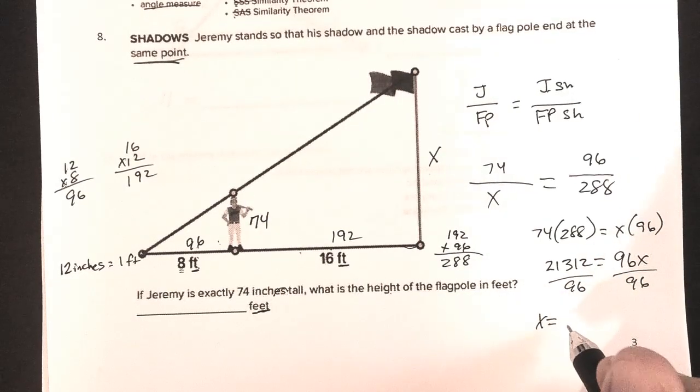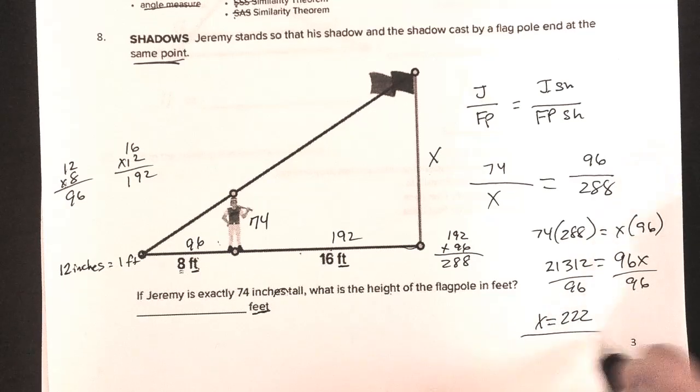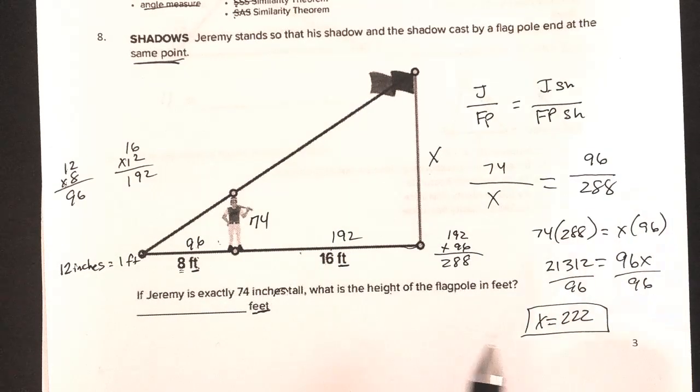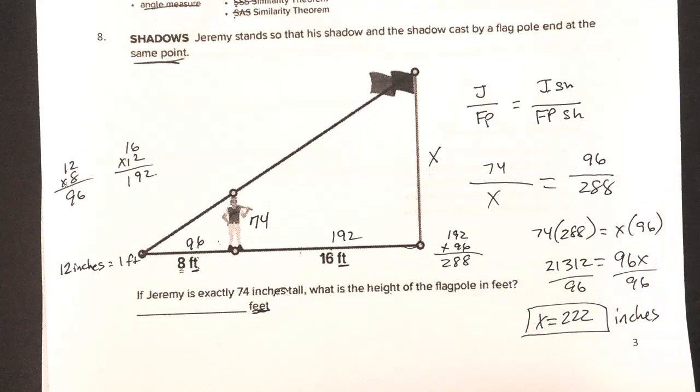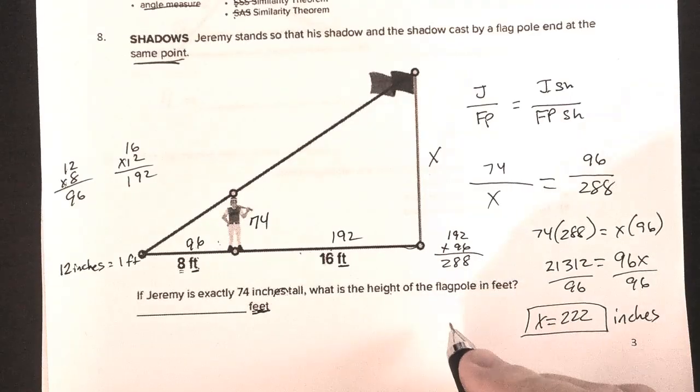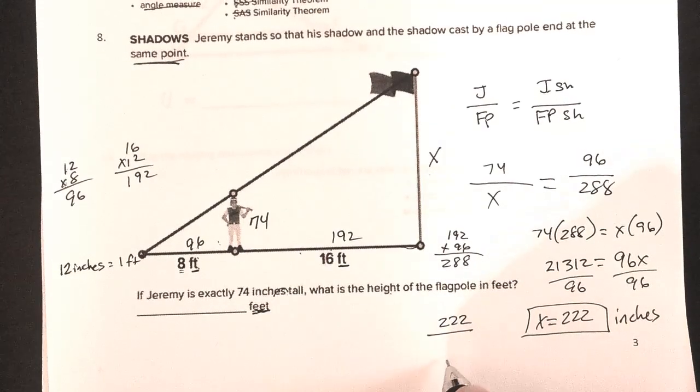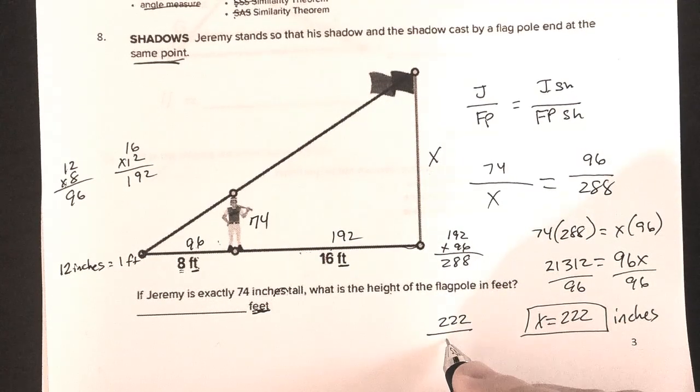We're solving for X, so let's divide both sides by 96. Divide those out, and you're going to get 222. So X equals 222. We write this here? No. That's 222 inches. Bad math teacher for not putting that in the box, but that's okay. We got there. So how many inches are in a foot? 12. So we have 222 inches divided by 12 inches to a foot.